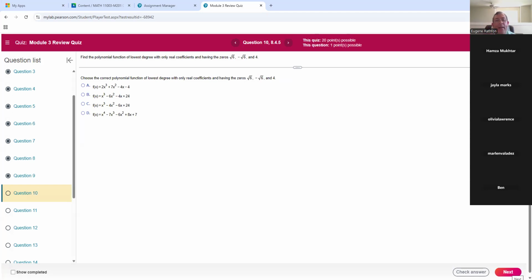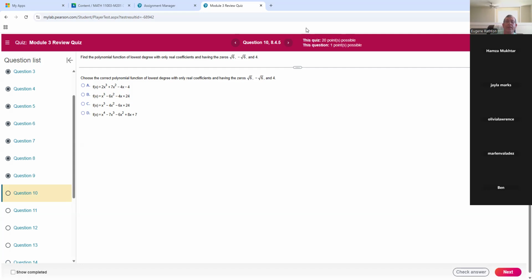So this one's the same thing, except you got radicals on here. Square root of 6, negative square root of 6, and 4. So it's the same thing. Now, they're giving me A, B, C, D answers on this.